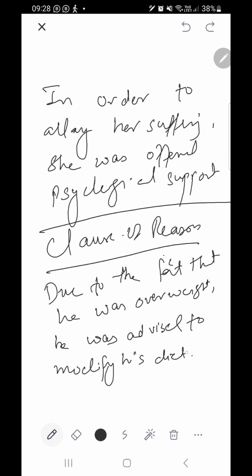Because there was evidence of his poor compliance, he was advised a Webster pack. And there was evidence that he's under severe stress. For this reason, he was referred to a psychologist or psychiatrist, right? These are some examples of the clause of reason.